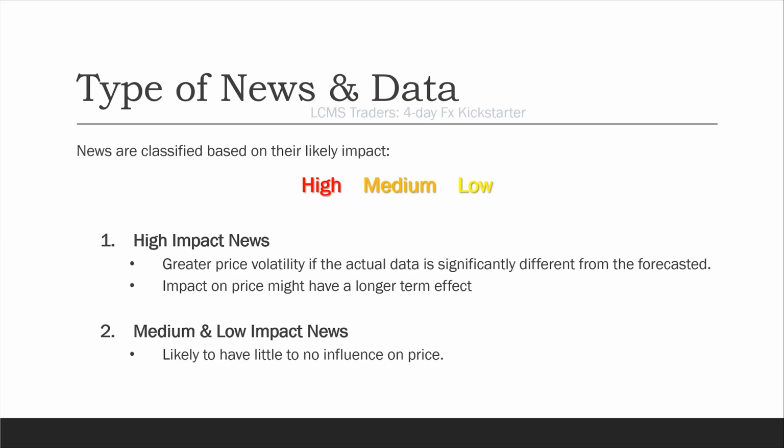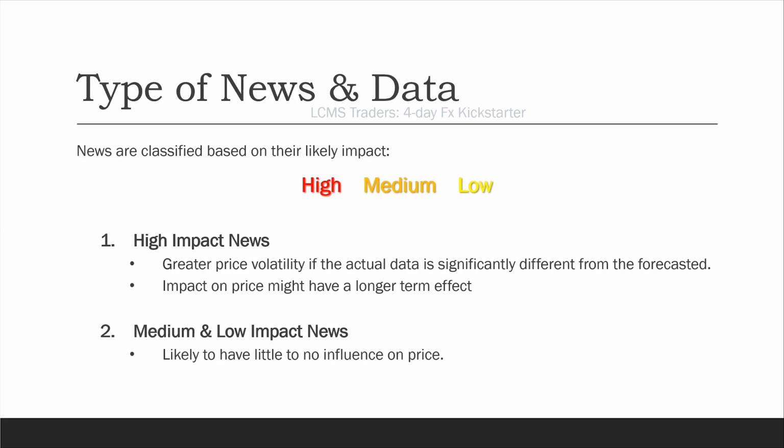It's going to have an impact on price, which might have a longer term effect. So remember, high impact news are the ones that you're going to pay a lot more attention to, because those are going to give you more volatility. Those are going to have longer term effects. But those are only going to happen if it's significantly different from forecasted.